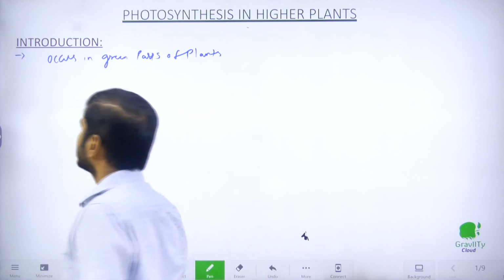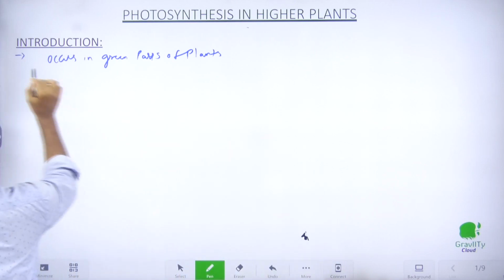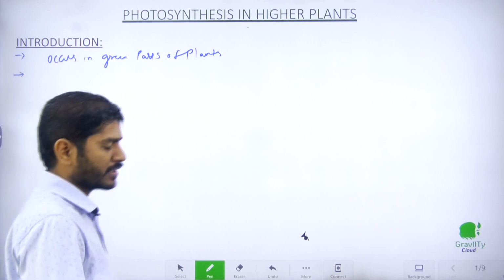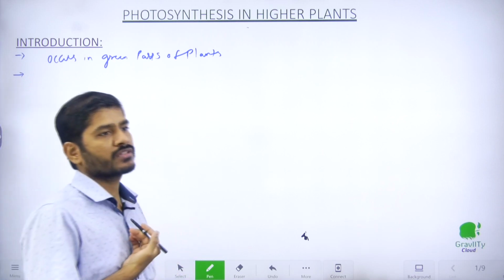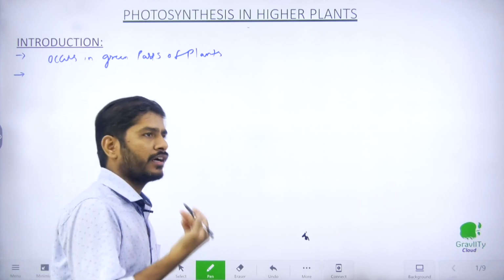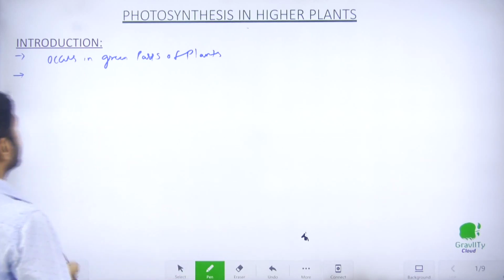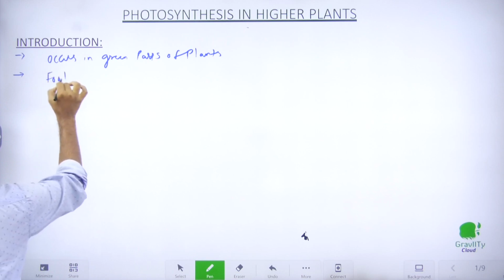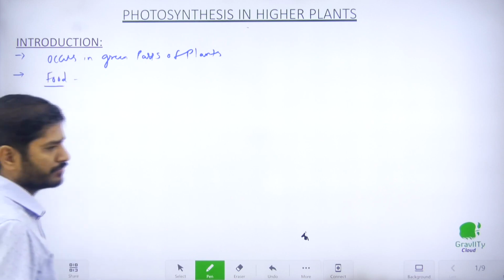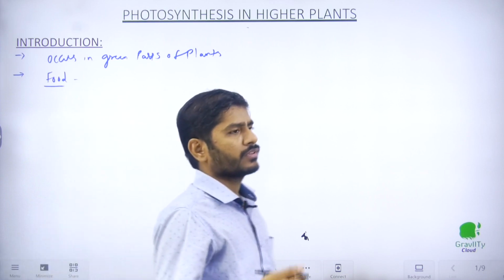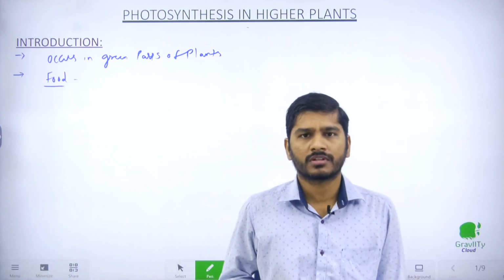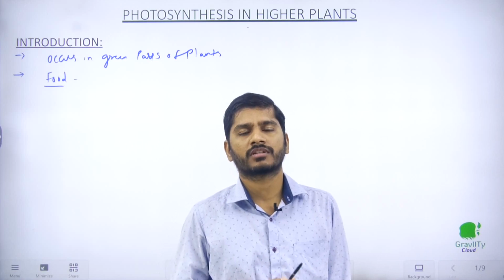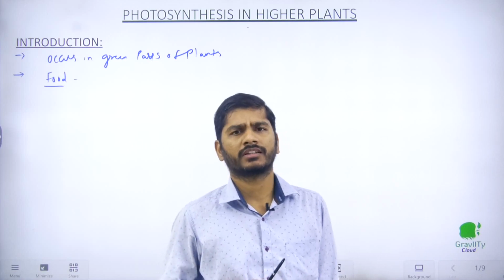Now apart from that, for what purpose is photosynthesis needed, and what products does it give? Basically, it is for food, ultimately by plants only. Based on nutrition modes, there are different kinds of organisms: herbivorous, carnivorous, omnivores, like that.